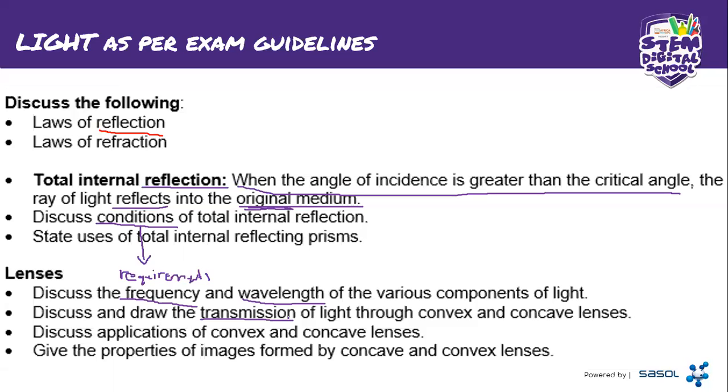And when we then talk about a concave lens, we then know, my dear learners, that the light rays themselves are going to diverge. They will not meet at the focal point.